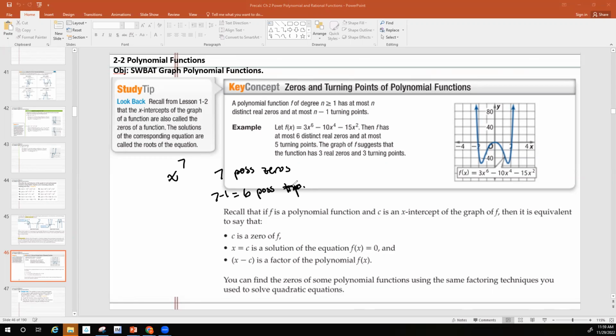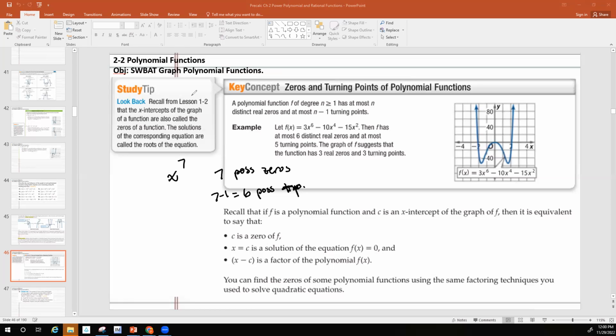TP, turning points. All right, and this just helps us to get a good idea of what the graph looks like. So recall that if c is an x-intercept of the graph of f, then it is equivalent to say that c is a 0 of f, x equals c is a solution of the equation f of x equals 0, and x minus c is a factor of the polynomial f of x.